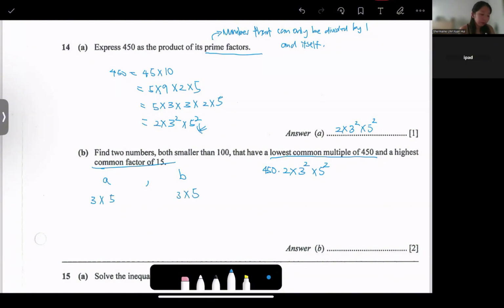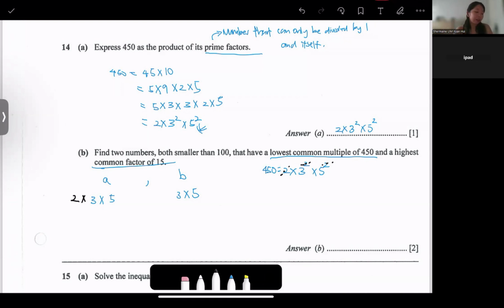So based on the lowest common multiple, we can split up and distribute. Okay? So let's say if we were to put 2 here, then we need 1 with 3 and 1 with 5. So like so now we have to split 3 and 5.